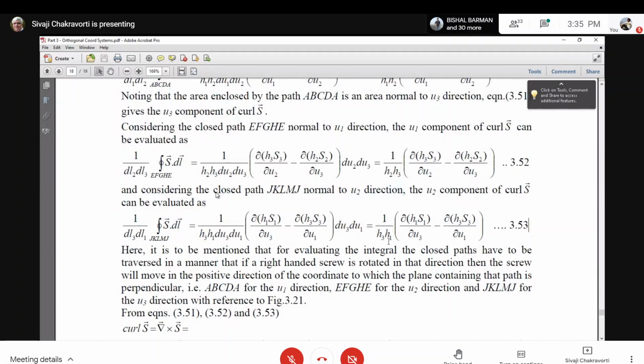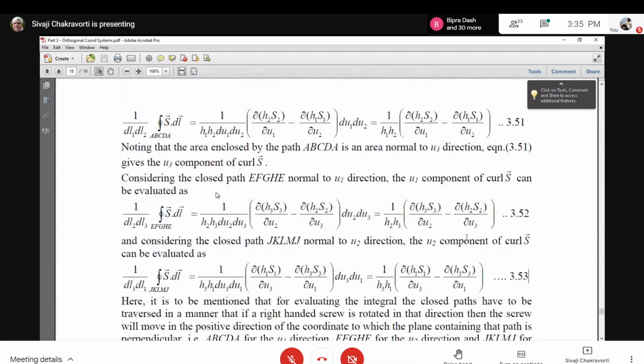Here you see 1 by H3 H1 and this. And looking at the ordering of the partial differentials, see the U1 direction, equation 3.52: the partial differentials are the first order derivative in 2 direction minus the first order derivative in 3 direction. Then equation 3.53 is the U2 component.